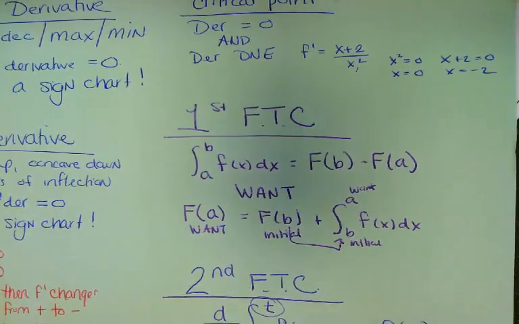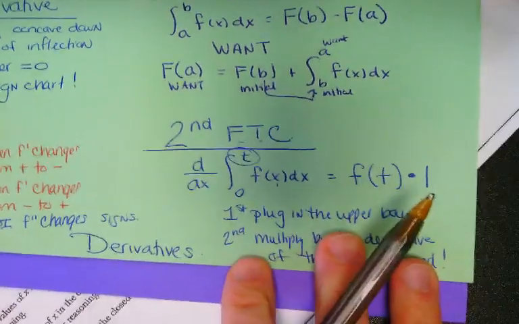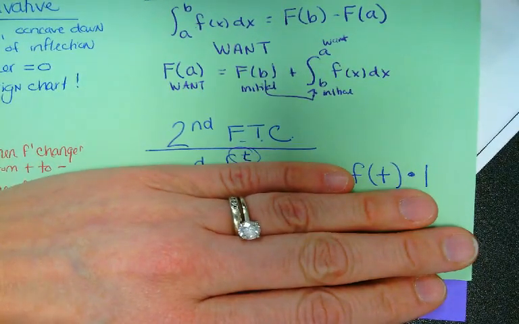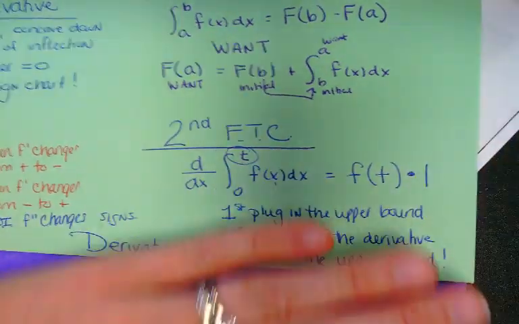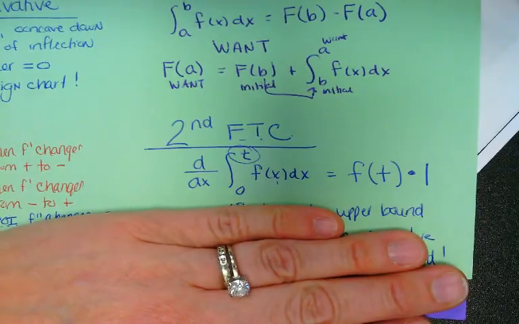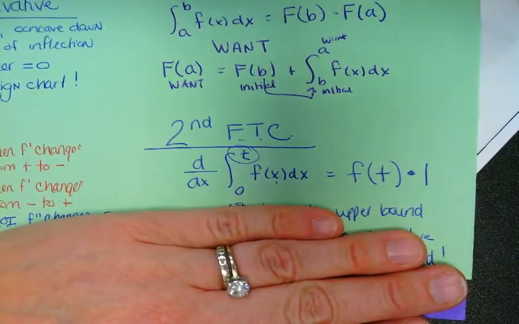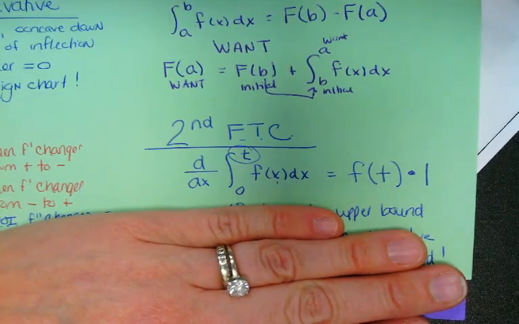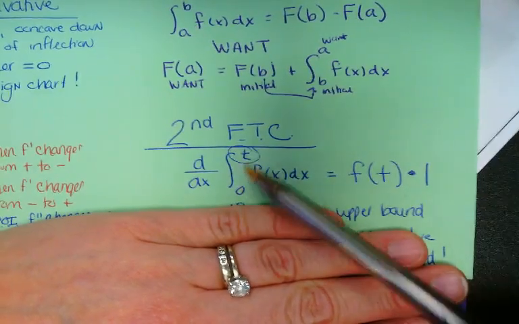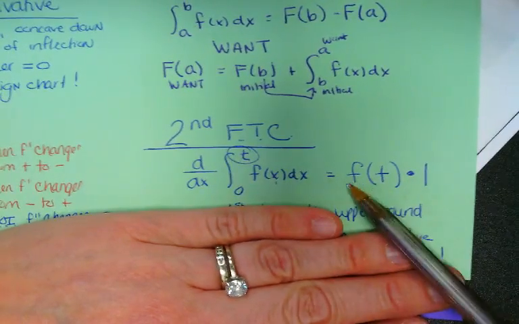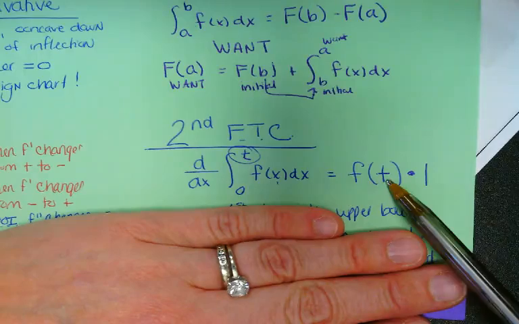Bless you. All right, the second one obviously is called the second fundamental theorem. And this is when you take the derivative of an integral. Okay, there is at least 1 in every multiple choice, and then 1 free response will most likely be devoted to this theorem. So when you take the derivative of an integral, it's all about the upper bound. You substitute in the upper bound.